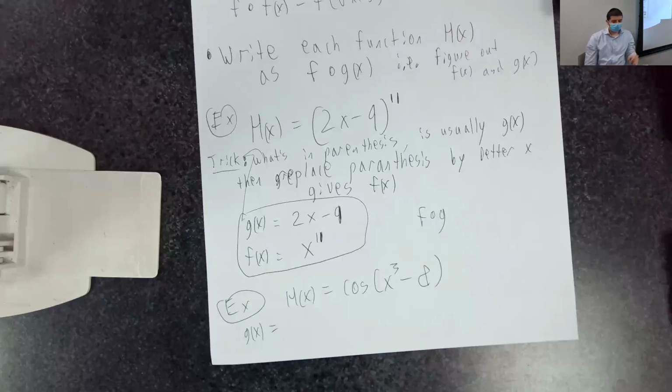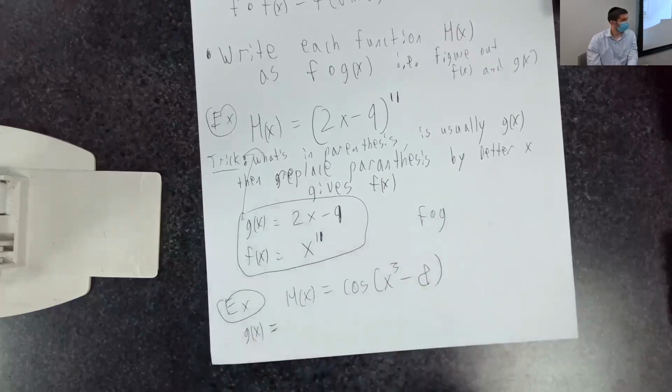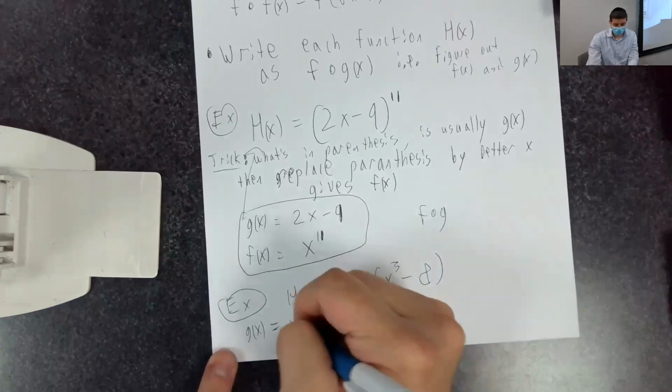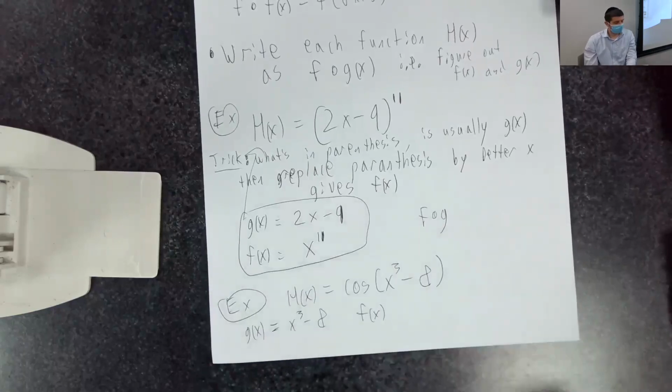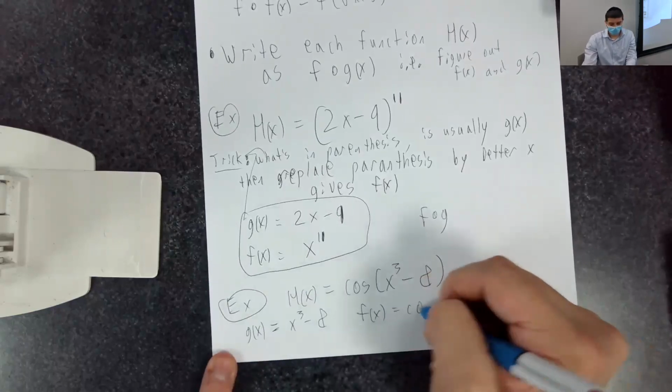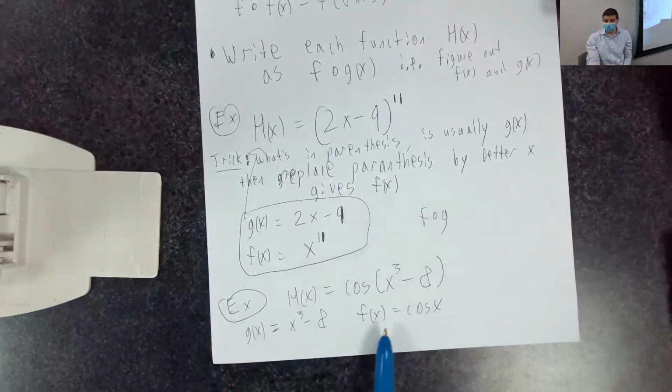Want to try? Yeah, so g of x would be x to the third minus 8. And f of x? Cosine of x. Right, and we can always test it: just compute f of g and you get it.